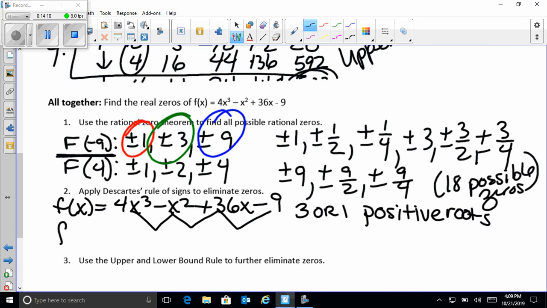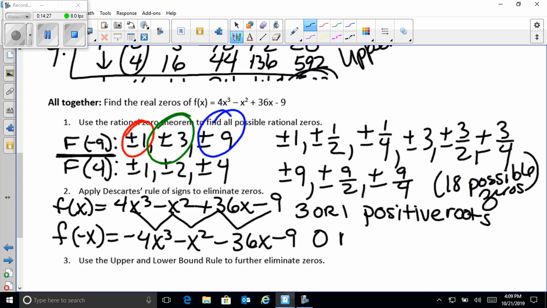So then I'm going to check by plugging in negative x. That'll be negative 4x to the third minus x squared minus 36x. Sign changes, I have none. So I have 0 negative zeros. So what does that mean? That means I cut everything in half.